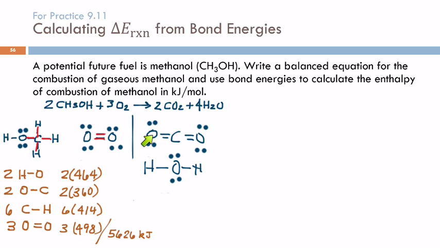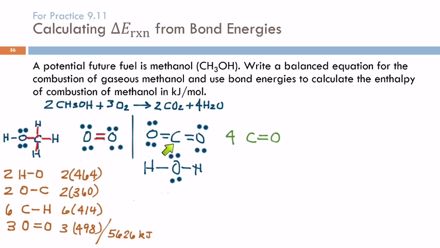Now let's look at the amount of energy that will be released when we form all these bonds. I'm going to make these green. So what do we have going on over here? Well, we have carbon-oxygen double bonds. In one molecule, we have 2 of them, and we have 2 molecules. How many carbon-oxygen double bonds are we forming? 4.